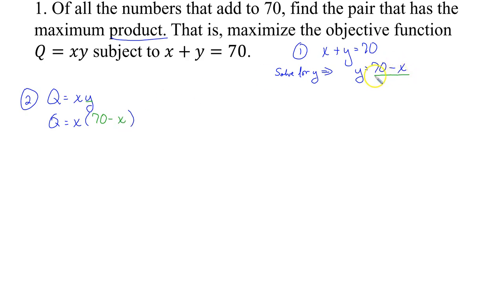So this equation where we've solved for y is now coming back into this function. Now we've created this function Q, which is the product of x and 70 minus x. And when we multiply this out, we get 70x minus x squared. We now have a function which only involves the variable x.